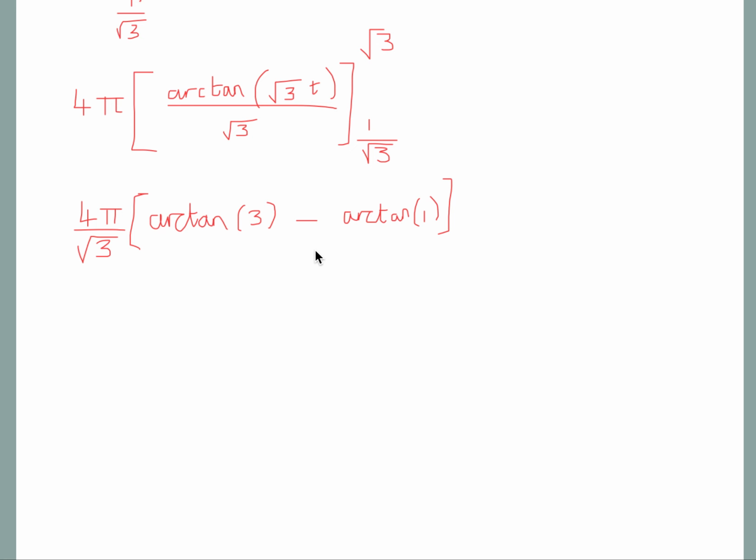And we're almost there. So there is actually a way to simplify this. There is an identity which is worth learning. I will come up with a proof for it if you wish, just let me know.